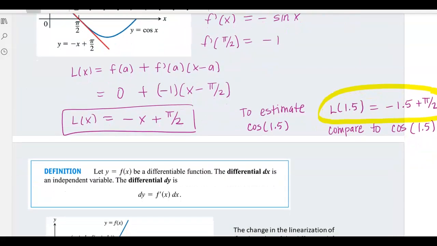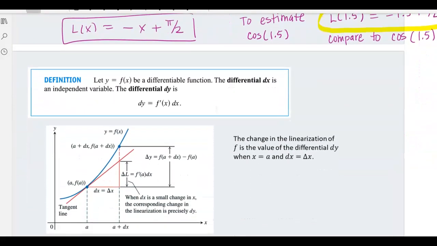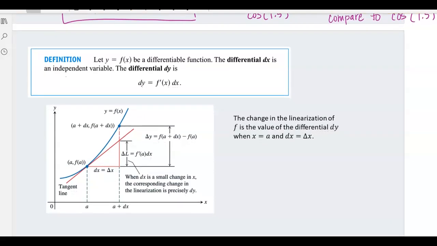A similar concept, but with a different name, is called a differential. And this is a picture version of what we've been doing in the last couple of problems.